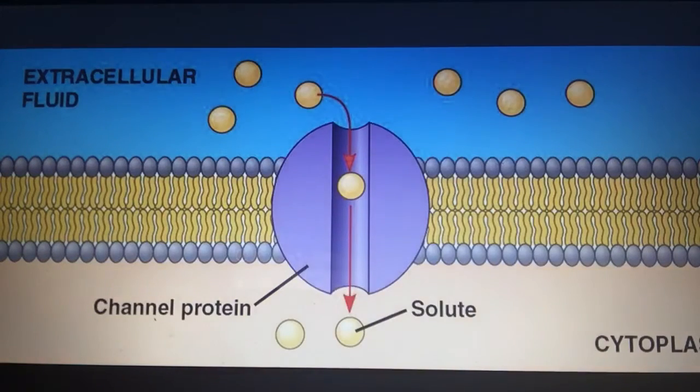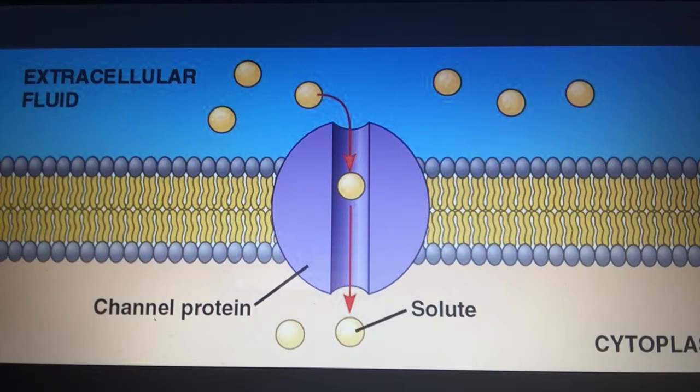But because they are still molecules in the solution, they still want to diffuse and spread out into all the available space. So just like with free diffusion, the molecules will still want to move from an area of high concentration to an area of low concentration.